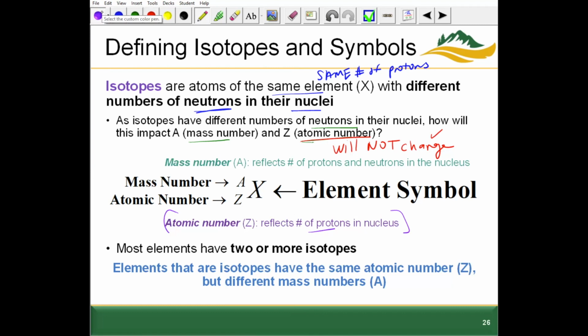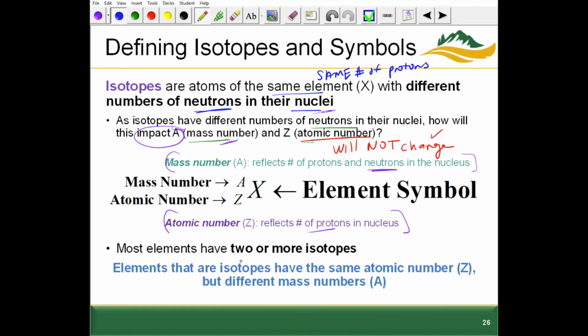What is going to change then, if we're adding neutrons to the nucleus or we're taking neutrons away, this will impact the mass number, because the mass number, again, is the number of protons plus the number of neutrons. So the number of neutrons will be different for different isotopes, therefore the mass number will also change if we're dealing with an isotope. Isotopes are actually really common.